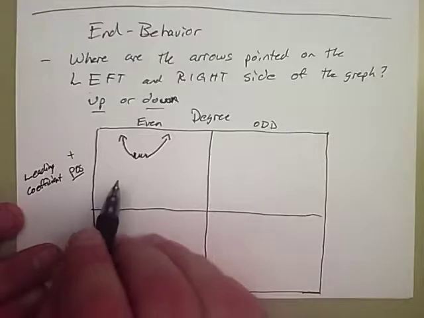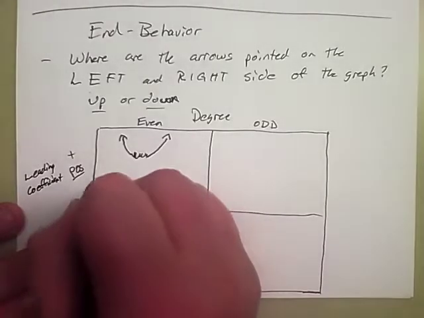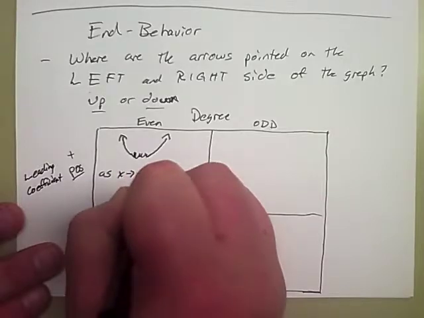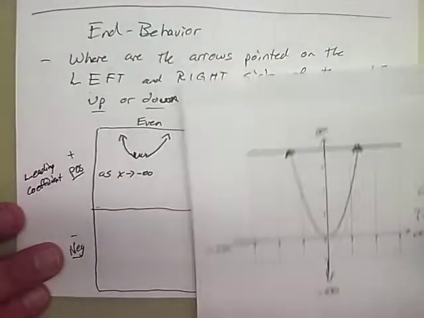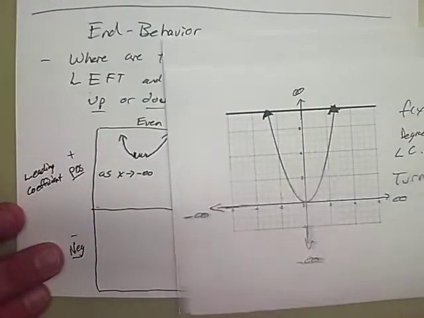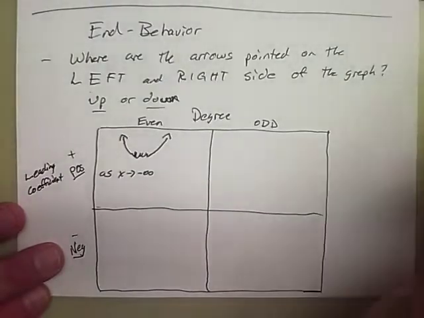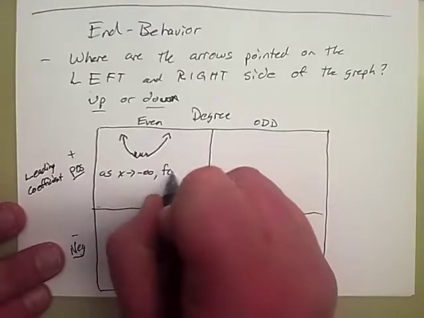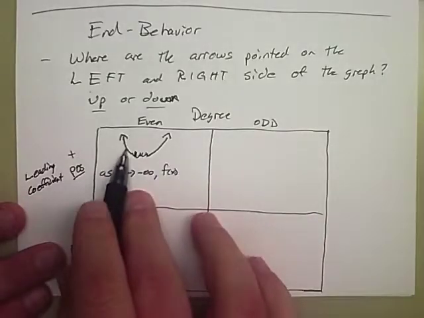How we say this is, as x approaches negative infinity, negative infinity would be to the left, then my y value, f of x, is going up.